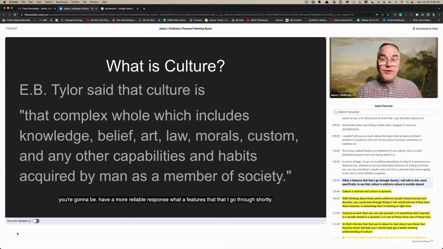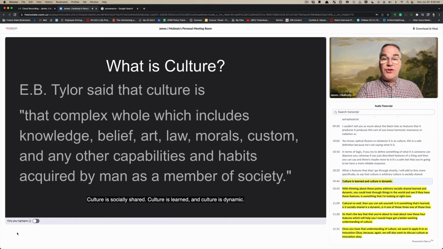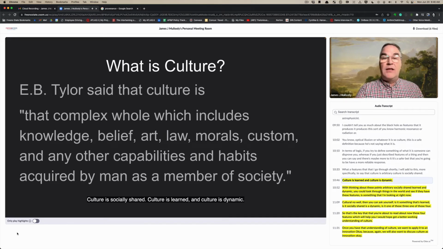What I will add to this, more specifically, is that culture is arbitrary, culture is socially shared, culture is learned, and culture is dynamic.